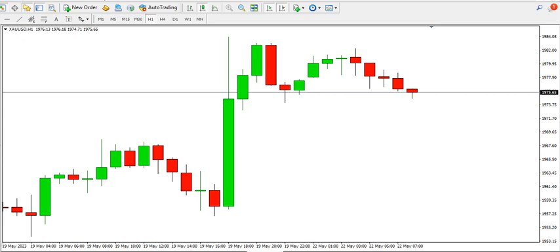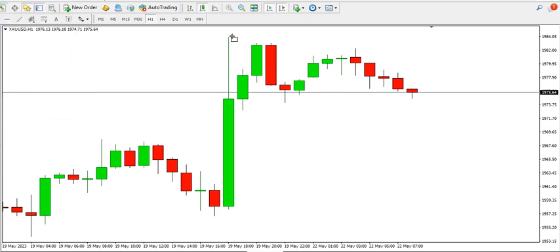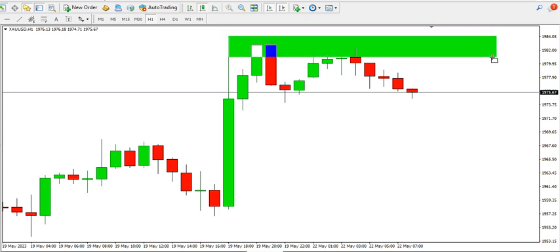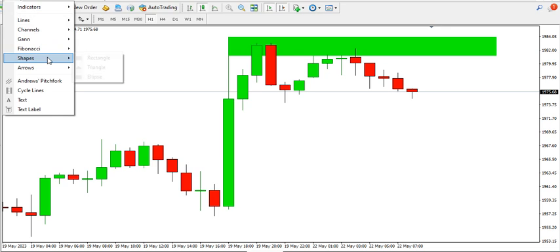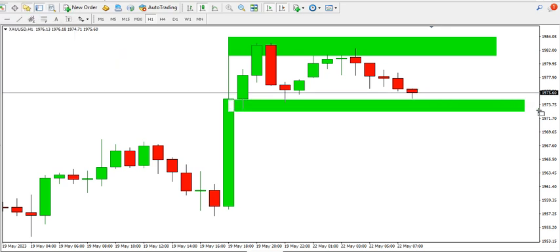We are in a range on the 1-hour time frame, and this is the range top. These are range tops, and these are range bottoms. Price is at the range bottom, so we might want to wait and see how it's going to break out. Is it going to break out to the top or to the bottom?